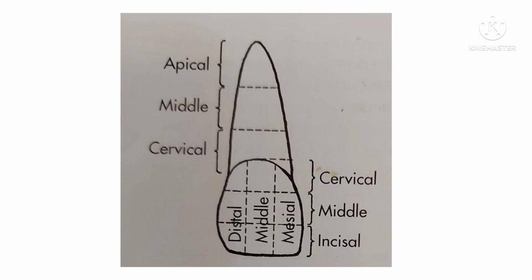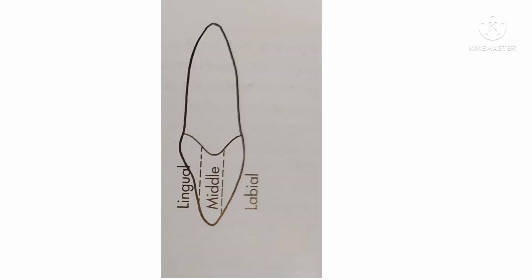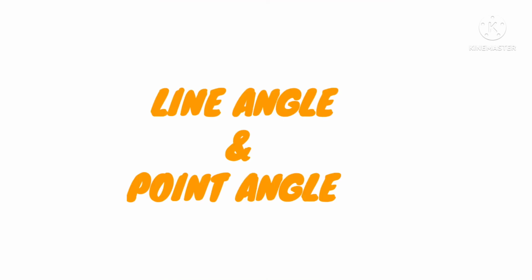Mesio-distally, it is divided into mesial, middle, and distal thirds. Labio or bucco-lingually, it is divided into labial or buccal, middle, and lingual thirds. Each surface of the crown may be so divided, and they are named according to their location.